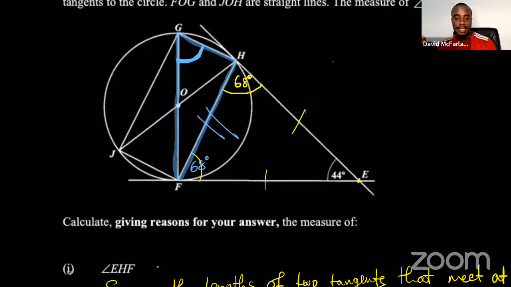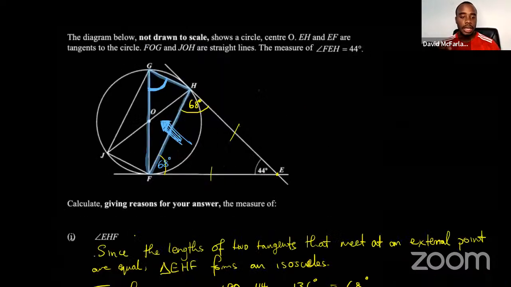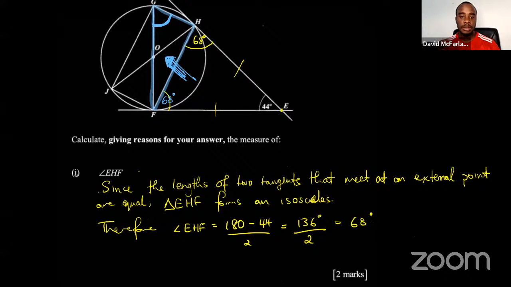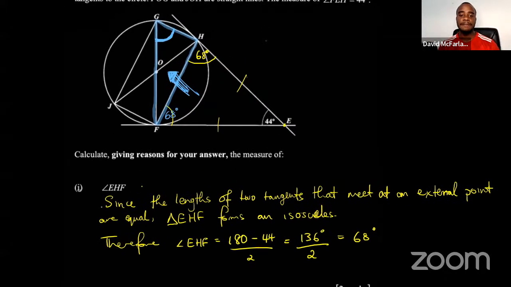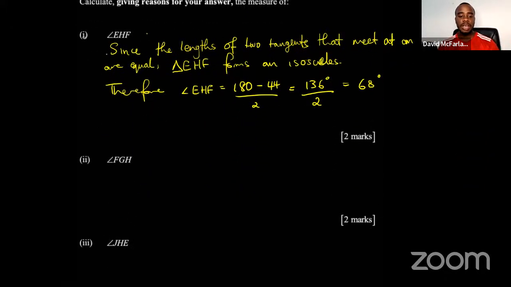When you look at this figure, FGH forms a triangle and angle FGH is in the alternate segment. Therefore, FGH is going to be 68 degrees, right? So FGH is equal to 68 degrees. Why?